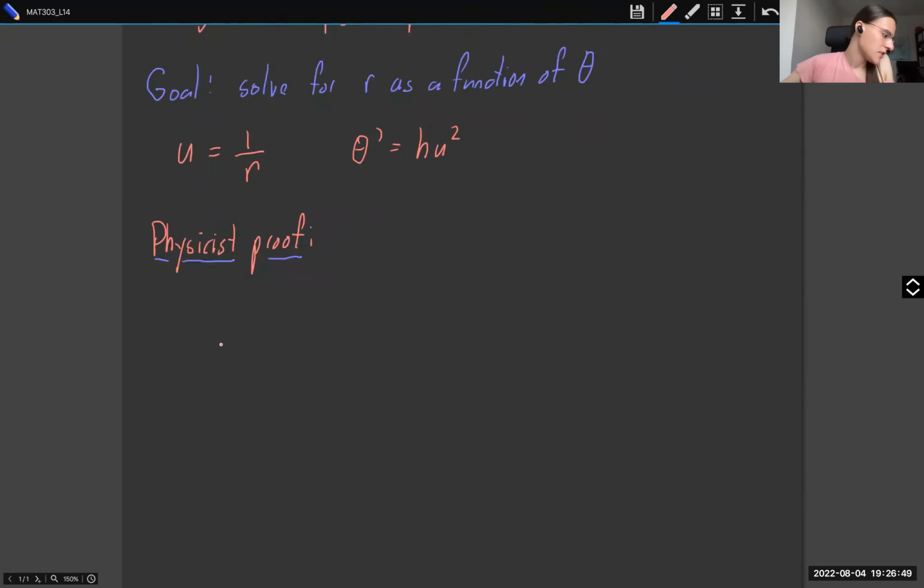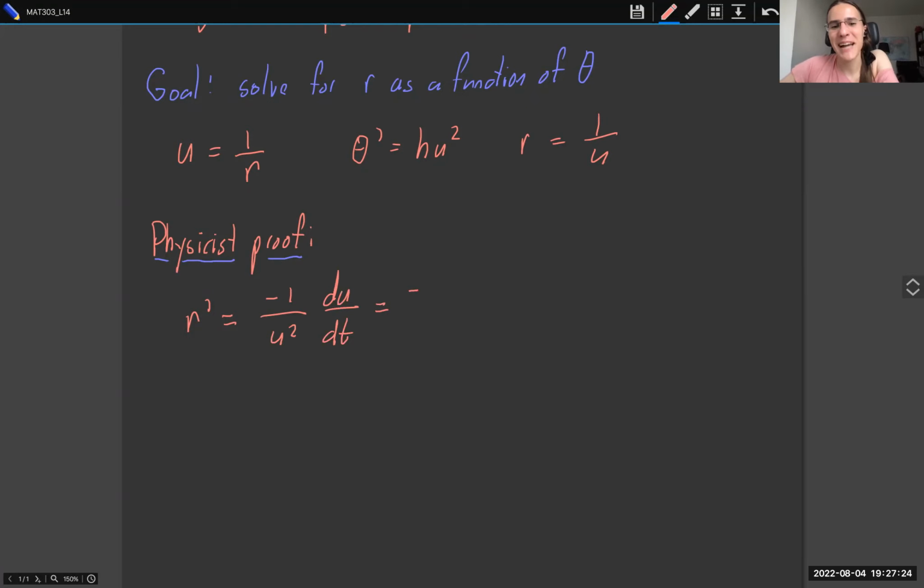So r prime is equal to what? Well, r is 1 over u, where right now we're going to treat everything as a function of time. So if we do chain rule, we're going to get negative 1 over u squared du dt. Now, this is the step that I'm going to have to explain, and this is why I'm calling it a physicist proof.